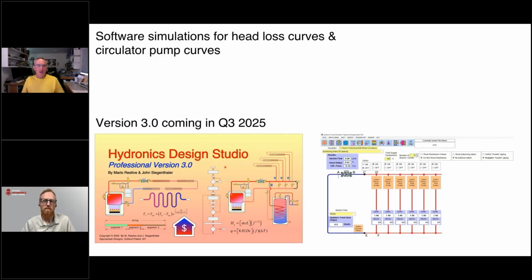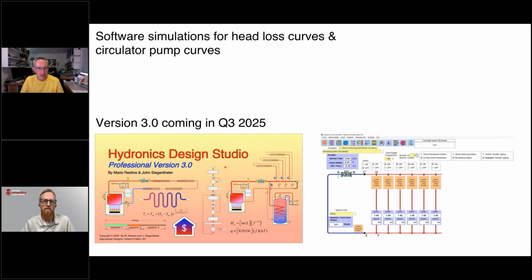The next step is to pick, and this is somewhat arbitrary, the temperature drop the circuit will operate at under design load conditions. And I will stress to you, the common number that is used is 20 degrees Fahrenheit at design load conditions.